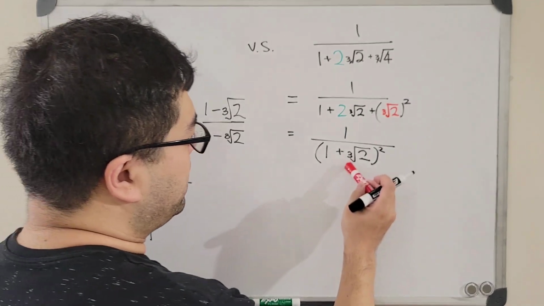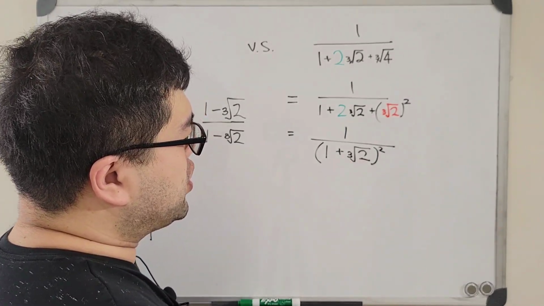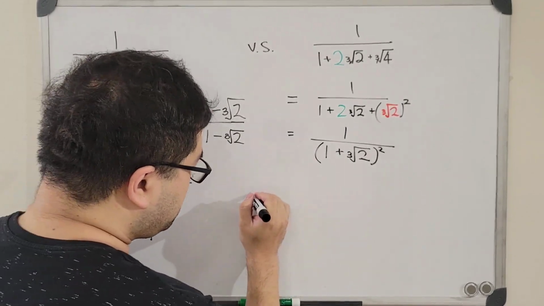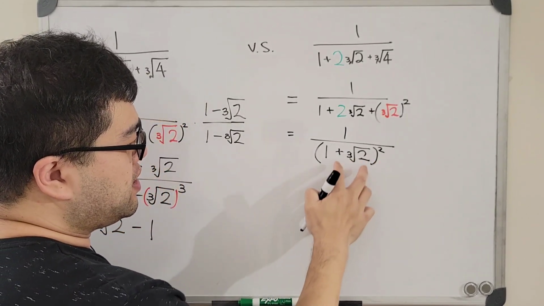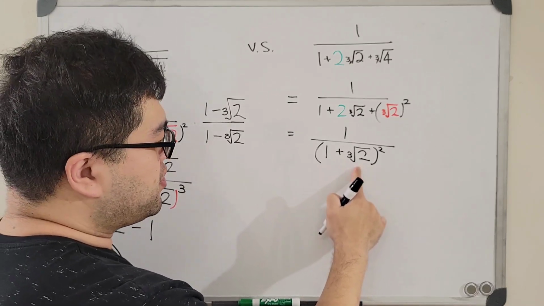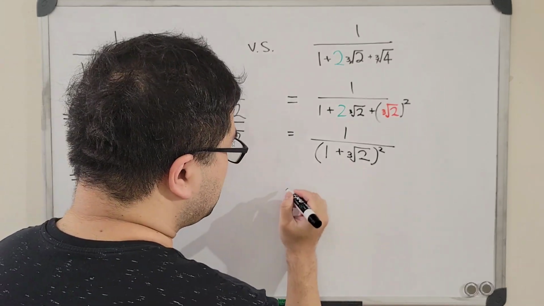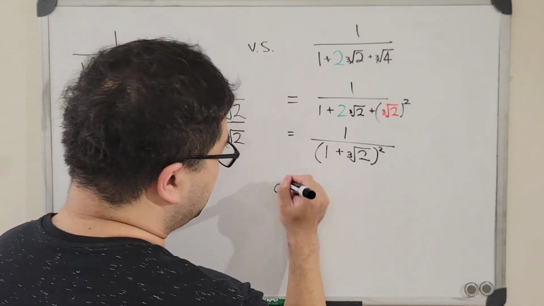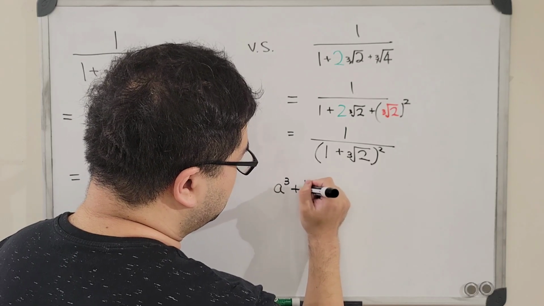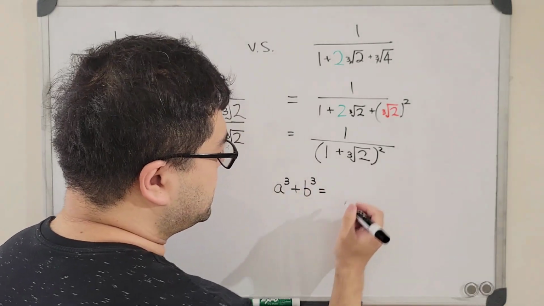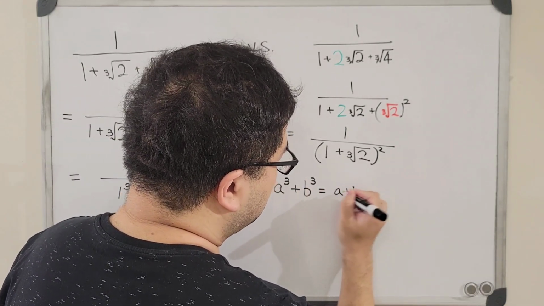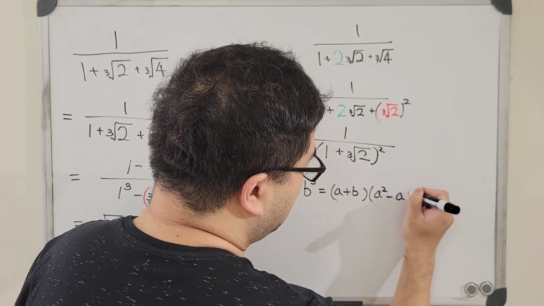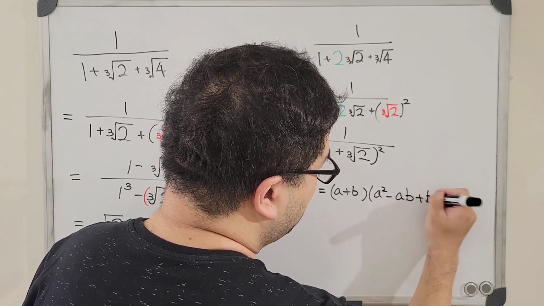Of course, if we have this, we should actually try to multiply the parts that actually give us no cube roots anymore. How do we get it? We have to use the other formula, a cubed plus b cubed, which is a plus b times a squared minus ab plus b squared.